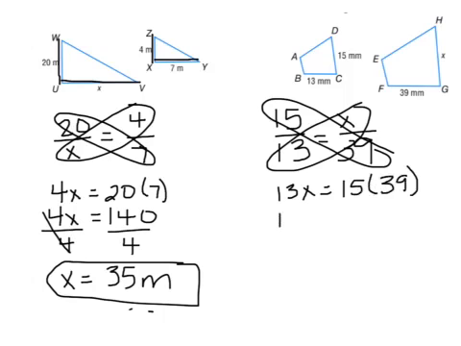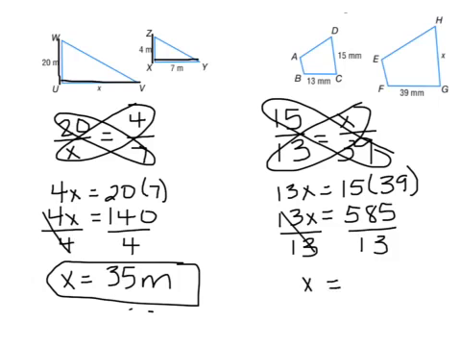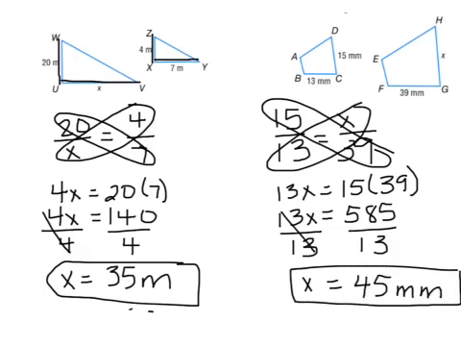So I've got 13 times x equals 585, and you can just go over to the side to actually work that out. And then we need to divide by 13 in order to get x alone. And when we divide that by 13, we end up with 45 millimeters. Any of that computation that you needed, you could just go over to the side and work that out.